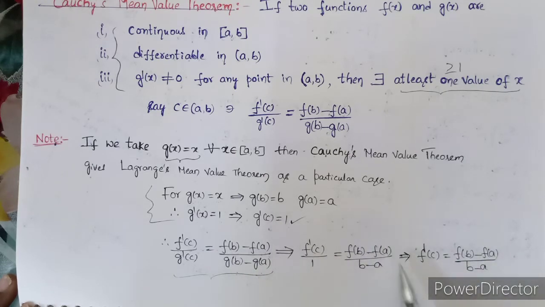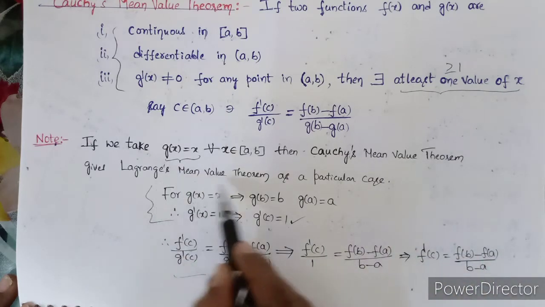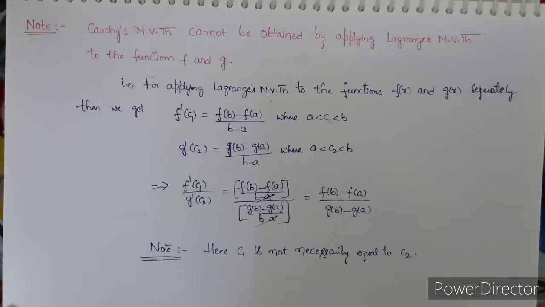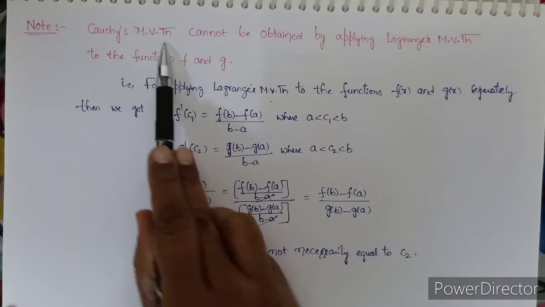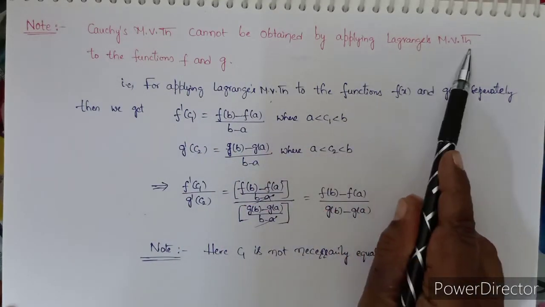Therefore, this implies f dash c is equal to f of b minus f of a by b minus a. Likewise, we can convert Cauchy mean value theorem into Lagrange's mean value theorem by taking g of x is equal to x.